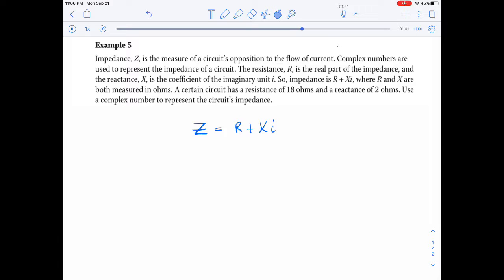Given in the problem was the fact that the resistance R is equal to 18 ohms and the reactance X is equal to 2 ohms. So let's substitute that into our equation. So we have impedance is going to be equal to 18 plus 2i, where 18 is the real part and the 2i is the imaginary part.